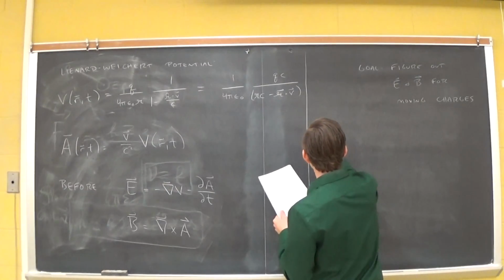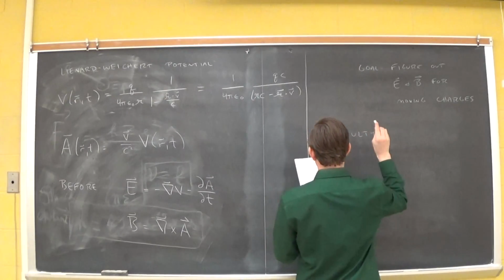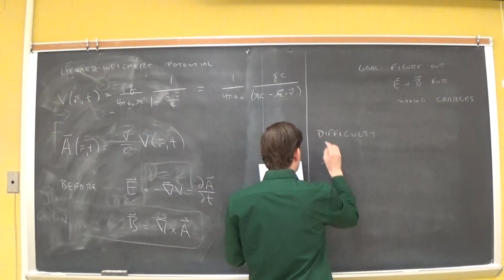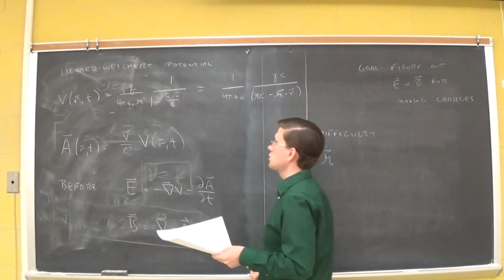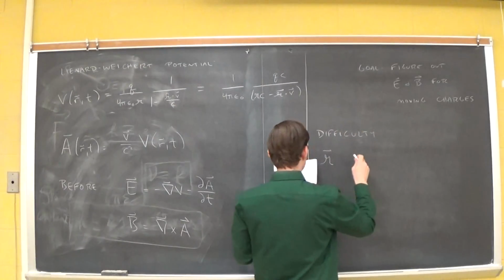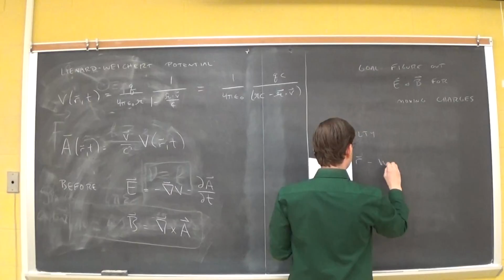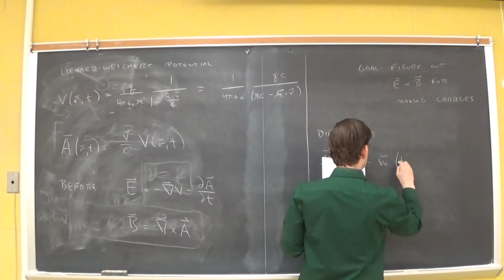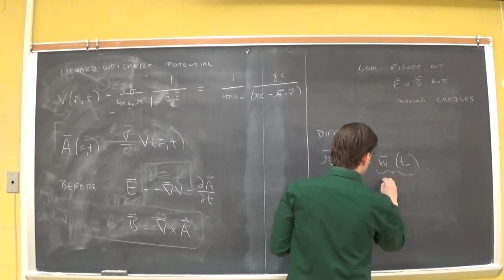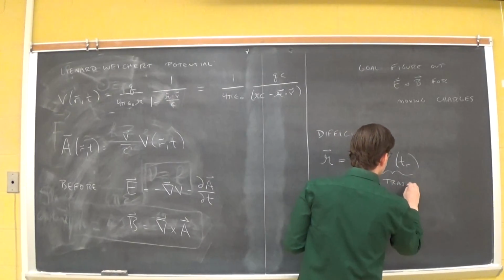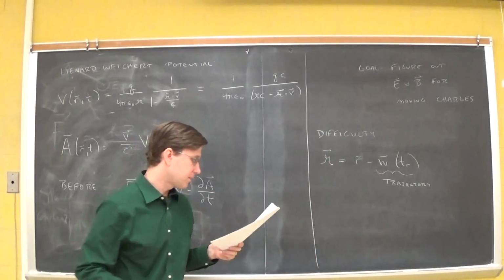Right, so the difficulty here is that our curly R vector, the curly R that appears in these expressions for V and A as well, we can write as just the ordinary R vector minus W of T sub R, where this part here codifies the trajectory that our particle is taking.